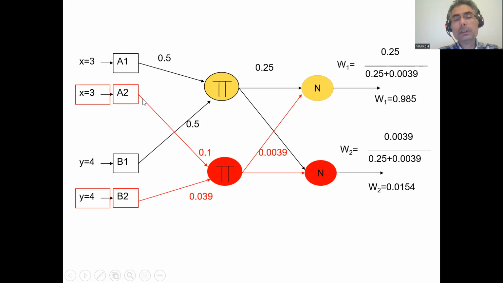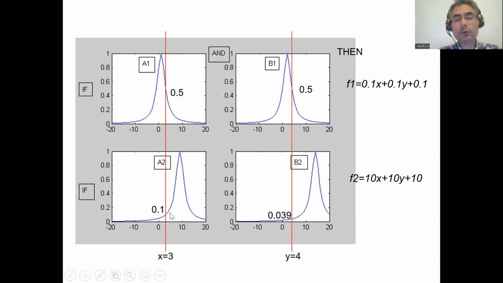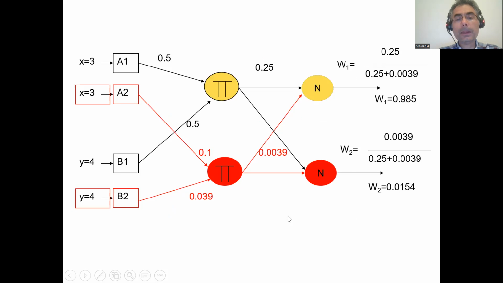So for this one, the value is 0.1, as you can see, and 0.5. If you look at this one, A2 is 0.1, B2 is 0.039, you can see that x is 3, A2 is 0.1 and B2 is 0.03 here.